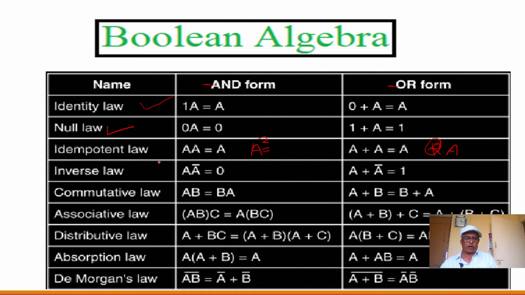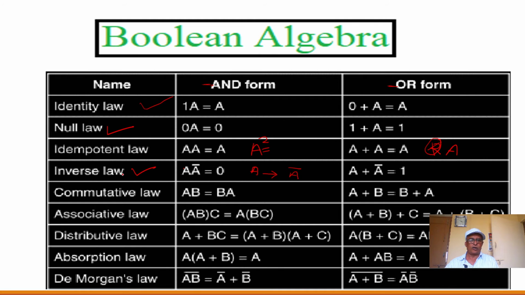Then the next law, we are going to consider the inverse law. In this inverse law, we are using a variable and its inverse. Means if we consider A, then its inverse is A bar. So if we take the product of a variable and its inverse, then we will get the answer as 0. Hence it is called as inverse law.